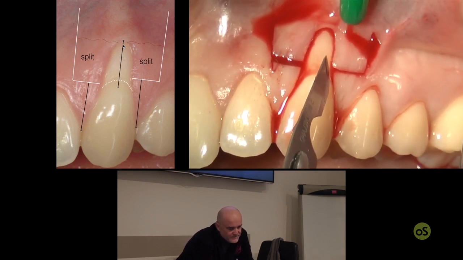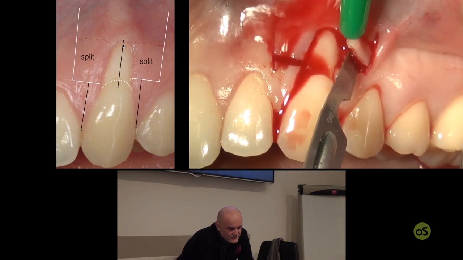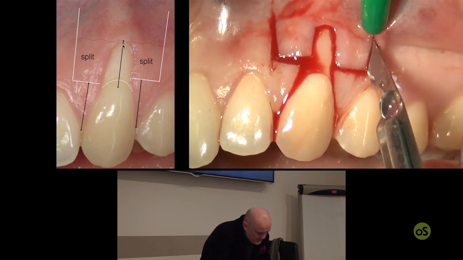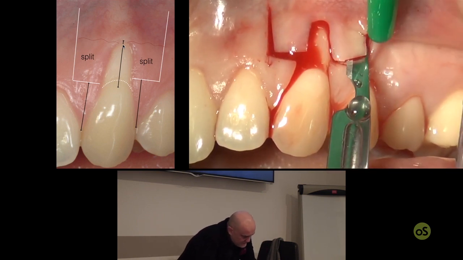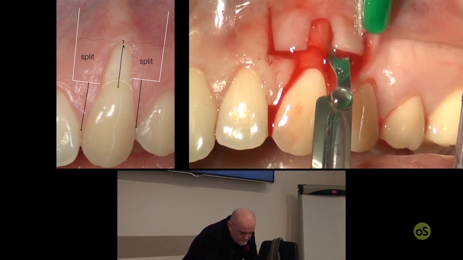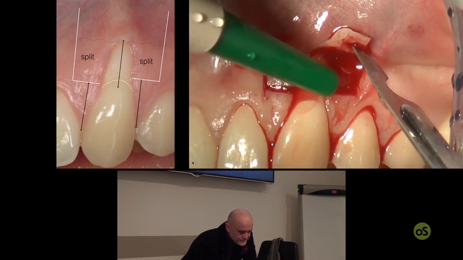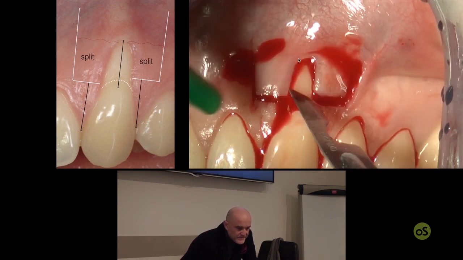As soon as possible, the blade should be kept parallel to the external surface until an imaginary line connecting the soft tissue margin of the two adjacent teeth is reached. Second papilla elevation.